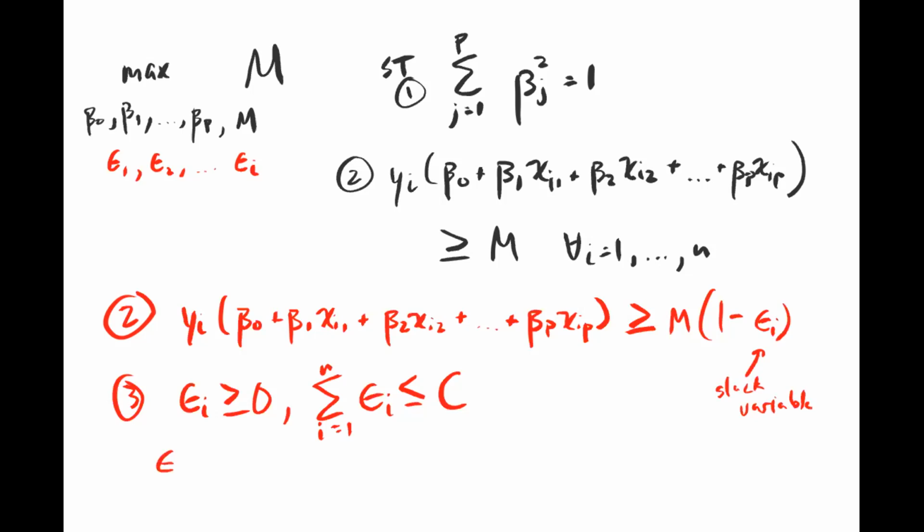Epsilon essentially tells you how many points can violate the margin.